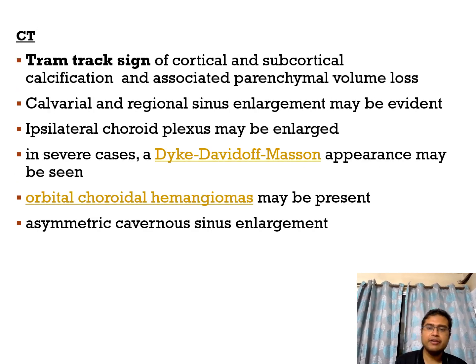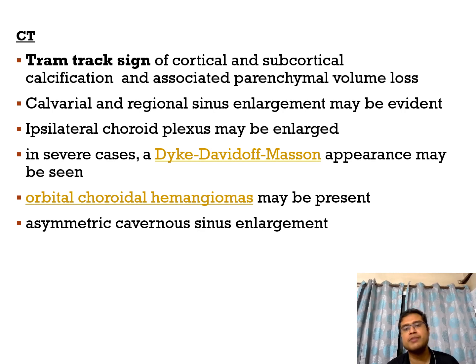On CT, in case of any Sturge-Weber intracranial manifestations, we typically find the tram-track sign, that is cortical and subcortical calcifications associated with parenchymal loss, and calvarial and regional sinus enlargement may also be very evident.